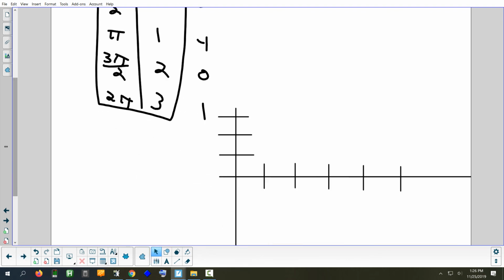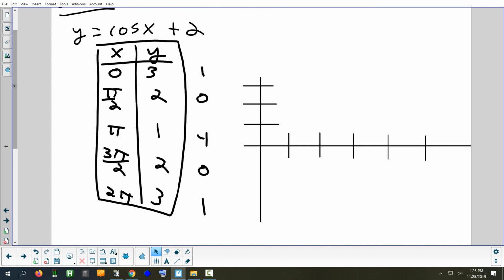All right. Now let's do our graph. I've got 0, 1, 2, 3. Technically, I don't need to put those labels because I am just going by ones on the y-axis, but I did. And now my x's. Do I need labels? Yes. If you don't put labels, I'm going to assume this is 1, 2, 3, 4, 5. 1, 2, 3, 4, 5 are not the numbers in your table at all.